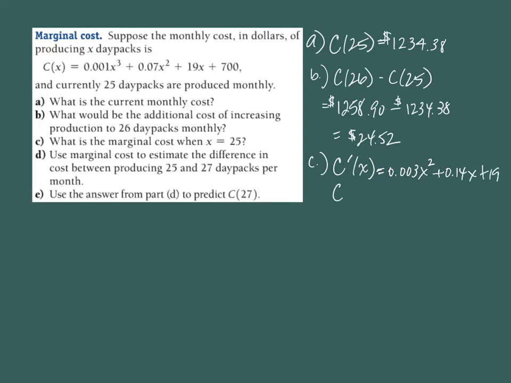And then we would need to figure out what is C prime at 25, the derivative at 25. And if we plug that into our calculators, we would end up with $24.38 if we round to 2 decimal places, so not far off.